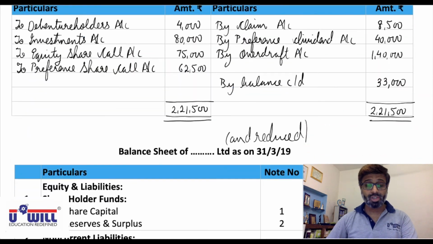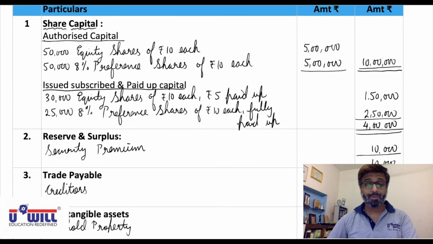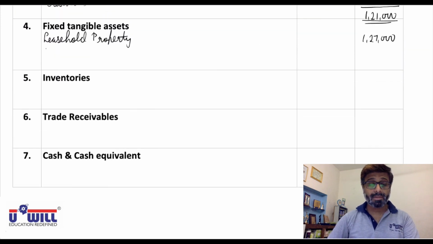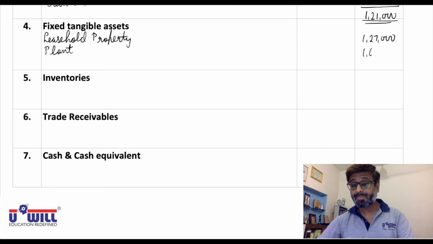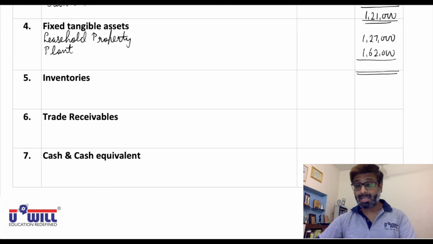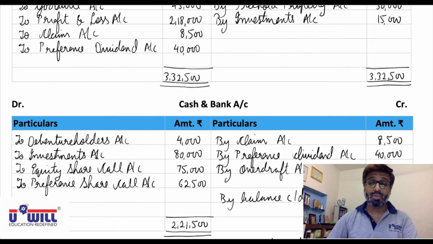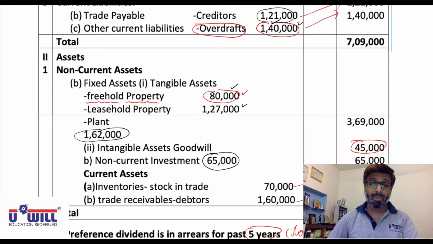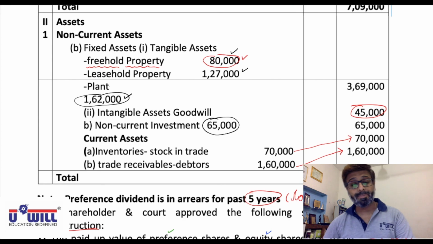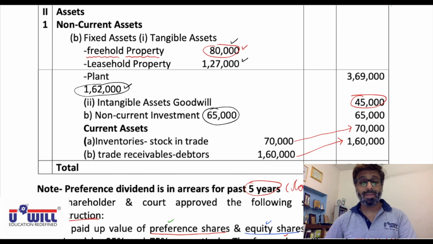Okay, plant also is not affected in any of the entries, nothing is written off. So plant 1,62,000 as it is. So 1,27,000 plus 1,62,000, total tangible fixed assets would be 2,89,000. I repeat, 1,27,000 of leasehold property, 1,62,000 of plant. Freehold property is given to debenture holders.